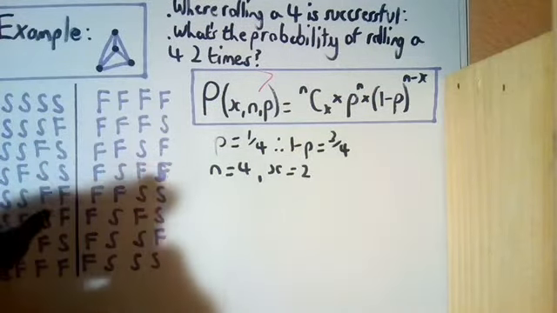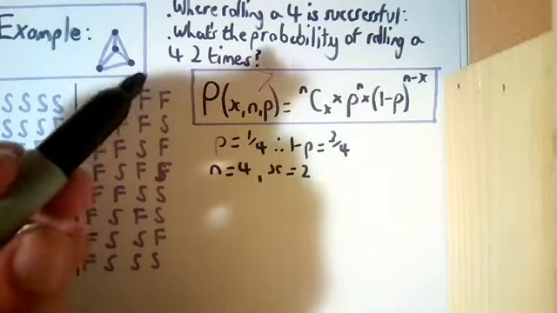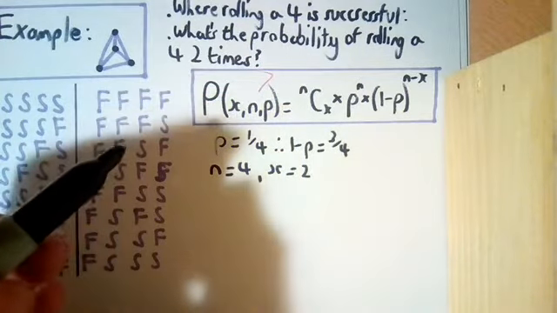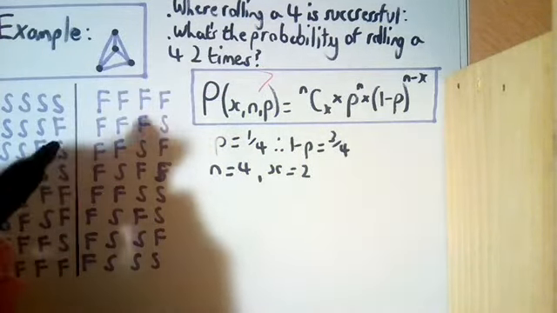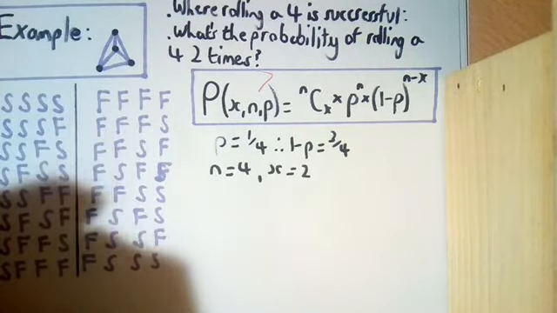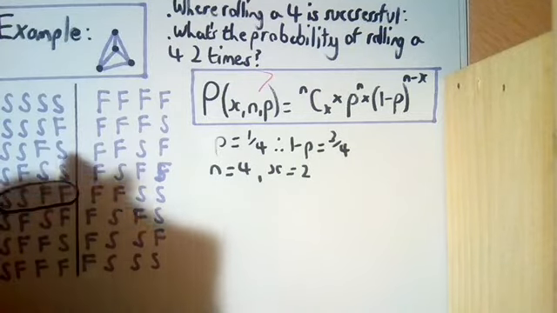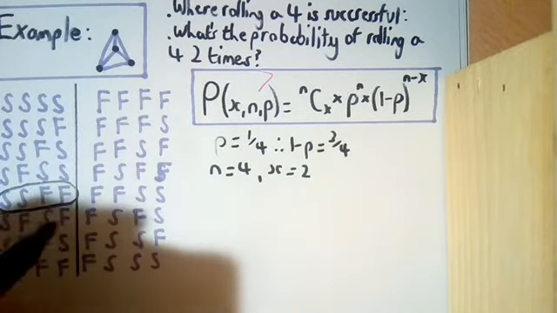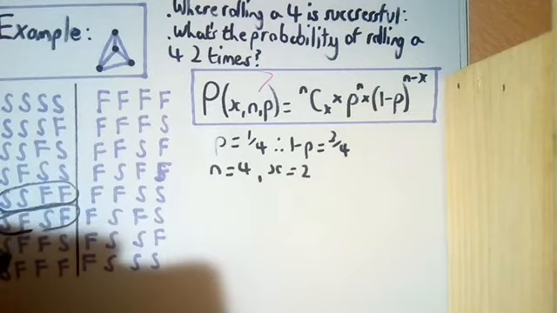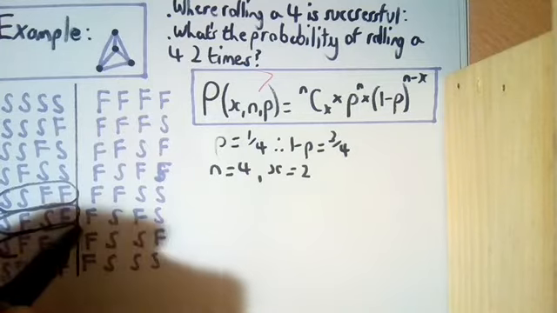So let's look at all the outcomes. We want the probability of getting a successful outcome of 4 twice, so basically where there are 2 S's. There are 2 S's here, S, S, F, F. Just circle that. S, F, S, F, and then S, F, F, S is 2 S's as well.